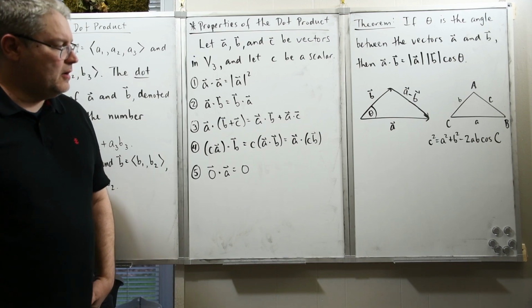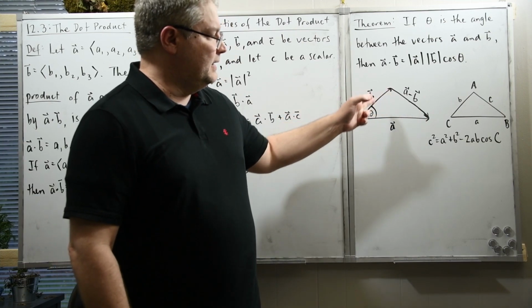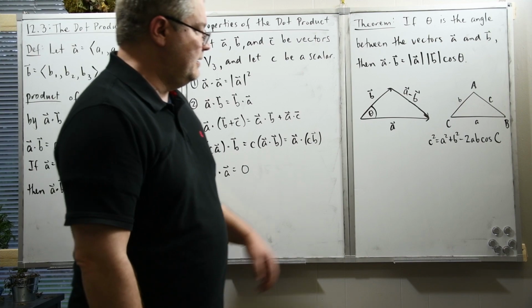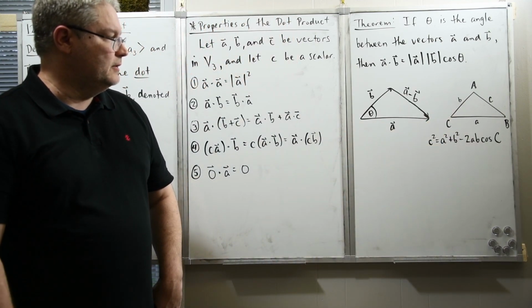And so we think about, well, how does that relate to the triangle as labeled over here? And it turns out that theta is going to be the same thing as, or be analogous to, angle C here.